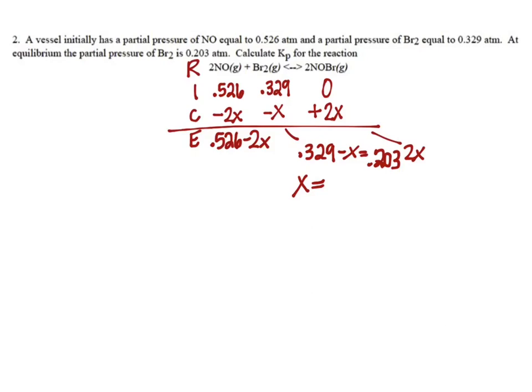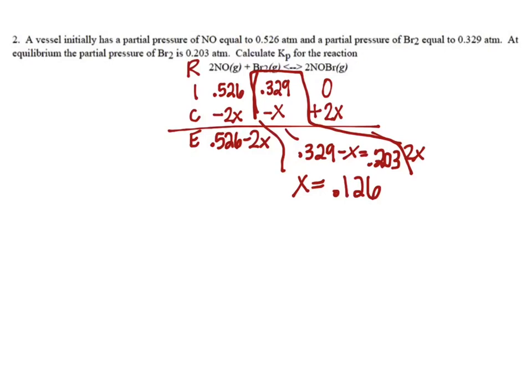Don't we divide it by 2? Not for Br2. I'm looking just right here at Br2. So 0.329 minus x is going to be equal to 0.203. So x is 0.126.